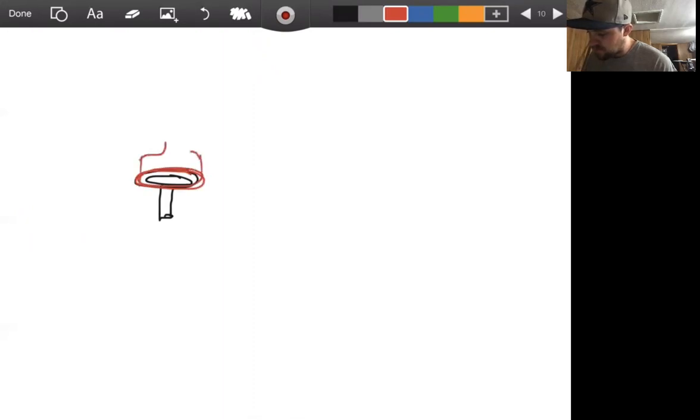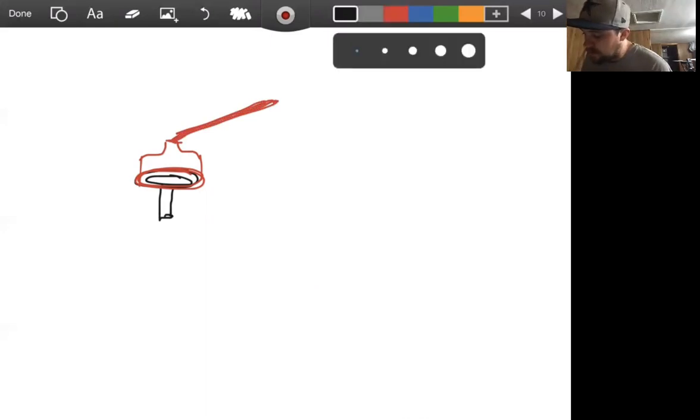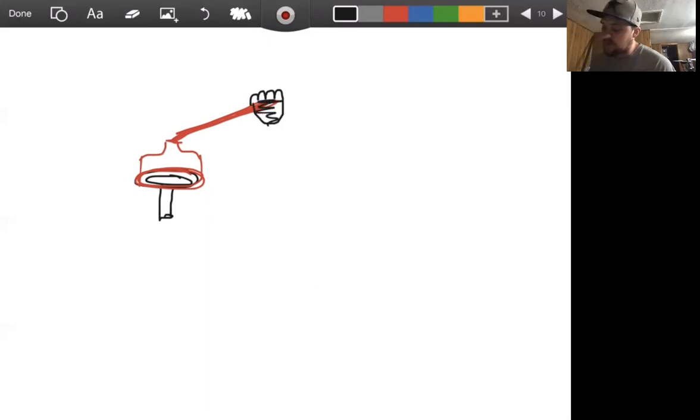The socket kind of comes up like this, and then it's got a handle on it. Then we would grab the handle, I can't draw a hand very well, and we would try to loosen the bolt or tighten the bolt.